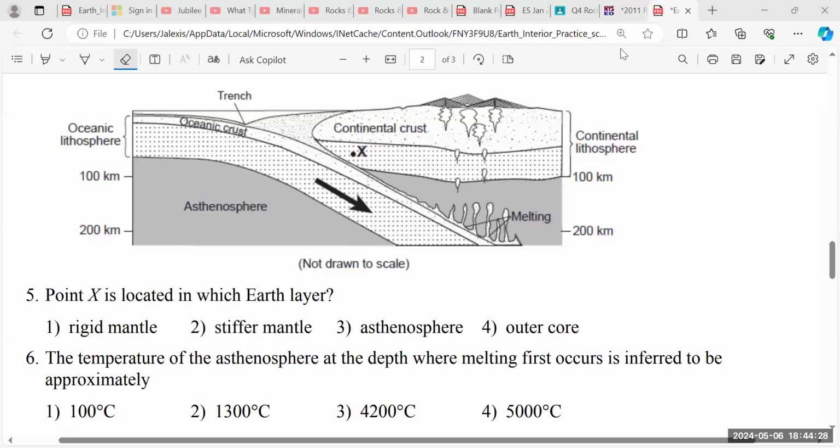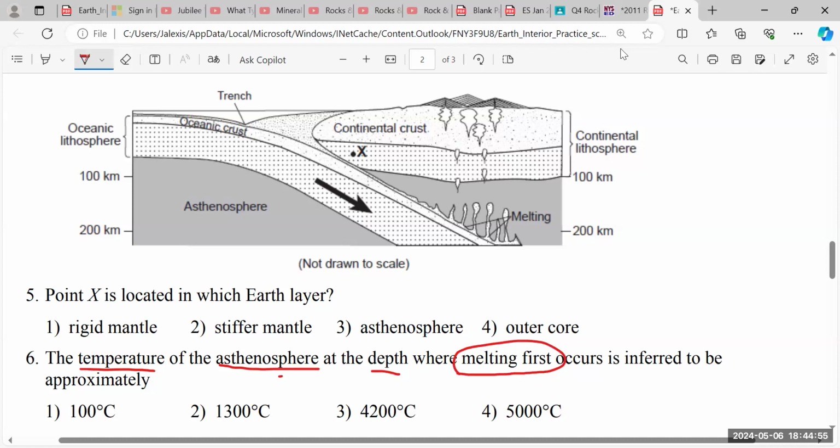Now, number 6 says the temperature of the asthenosphere at the depth where melting first occurs is inferred to be approximately what? So I'm definitely going to be looking at the temperature of the asthenosphere at the depth where melting first occurs.